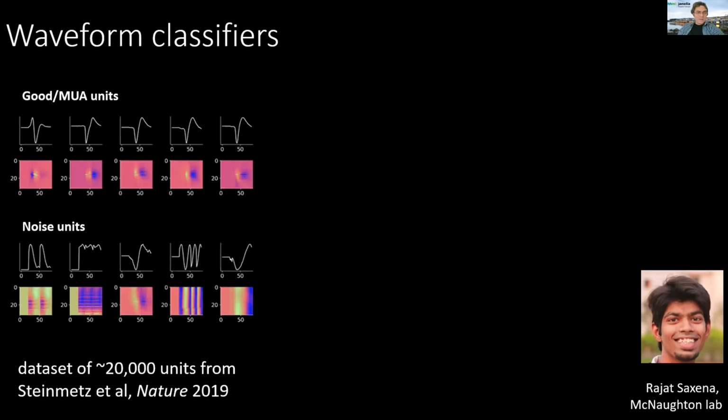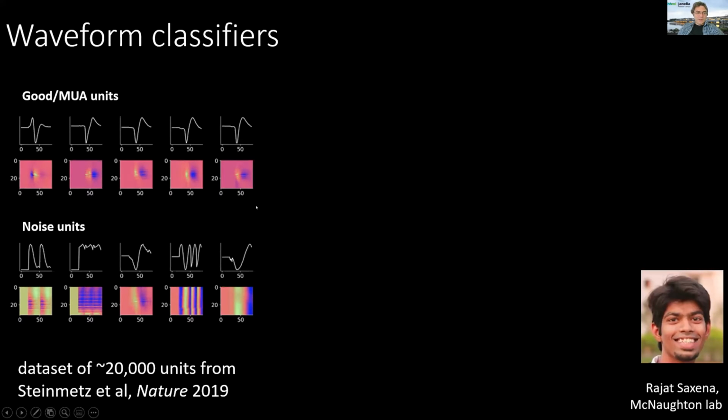Here's one part that there's a version of for the Python version of Kilosort, which we've been working on, but haven't yet fully released. And that contains some of these waveform classifiers based, again, on some data from Nick's papers, where he manually curated a lot of units to assign them good, bad, MUA labels.